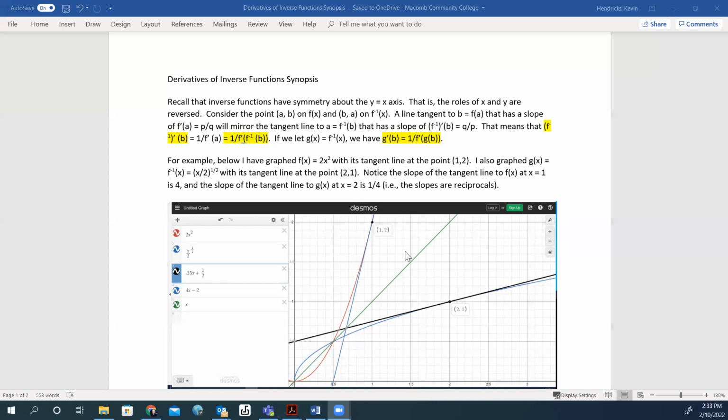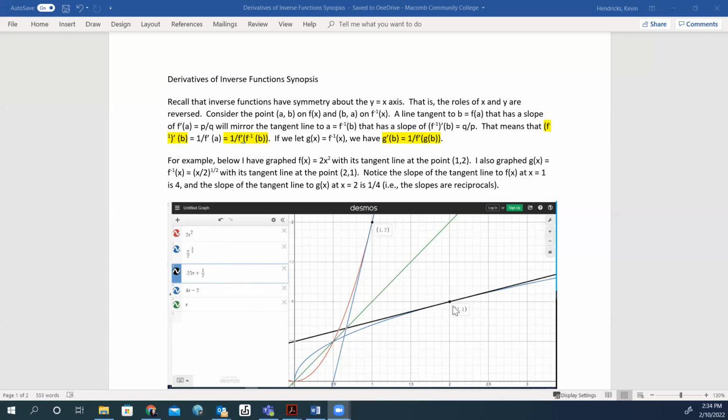So what does that mean in the long run? How could we use this formula to help us? If I want to know what is the slope of my inverse function, square root of X over 2, evaluated at 2, and let's say I don't know how to take this derivative, but I do know the inverse function is 2x squared.